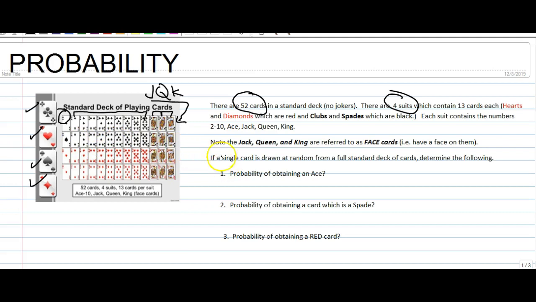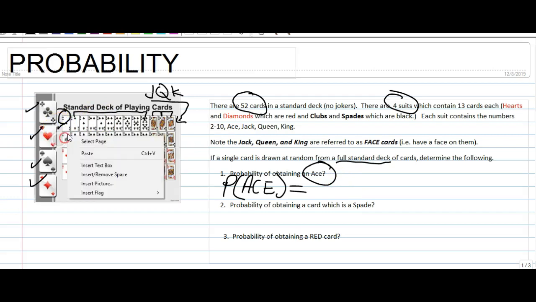So if a card is drawn at random from a standard deck, we want to know what is the probability of obtaining an ace. So success here is obtaining an ace. Again, we're using our standard definition of classical probability, and we have to ask ourselves, how many ways can what we want to happen happen? Well, if we get the ace of clubs, we are successful.